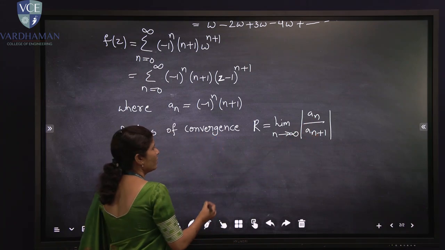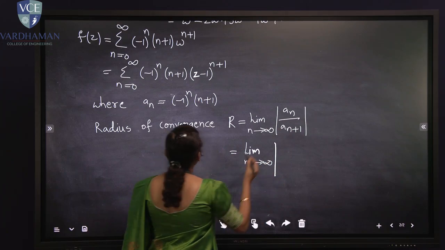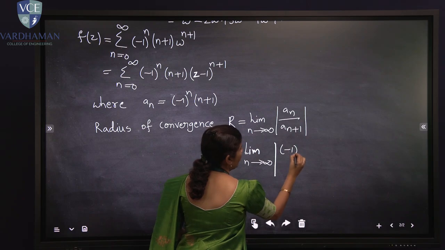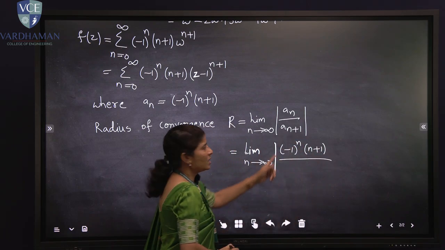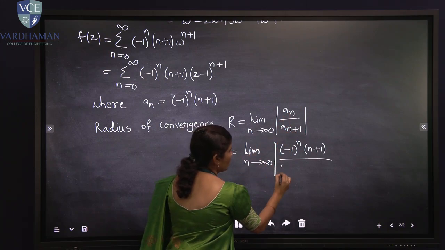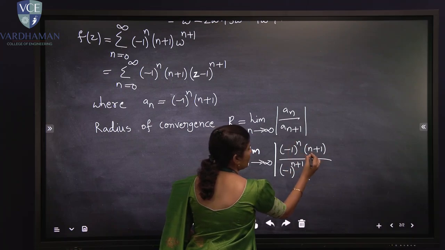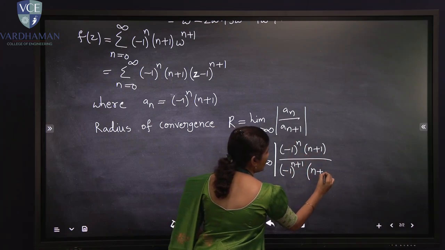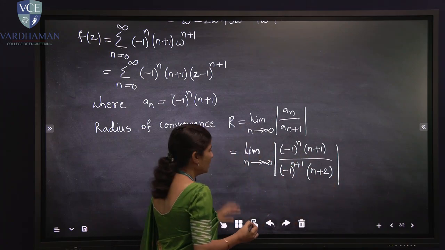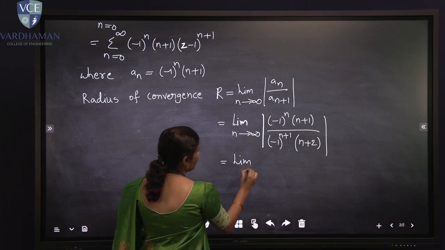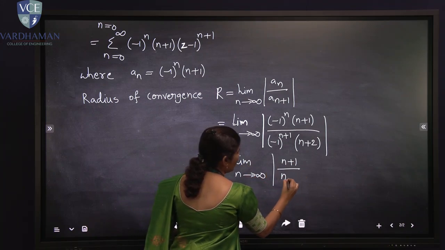We have the an value is minus 1 power of n into n plus 1, upon an plus 1, that is minus 1 power of n plus 1 and n plus 2. If we cancel minus 1 power of n, then we are left with limit n tends to infinity modulus of n plus 1 upon n plus 2.